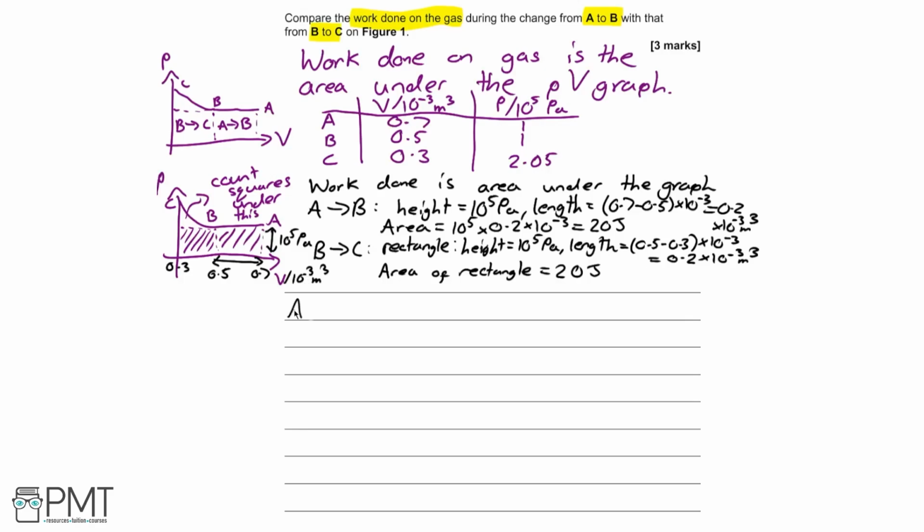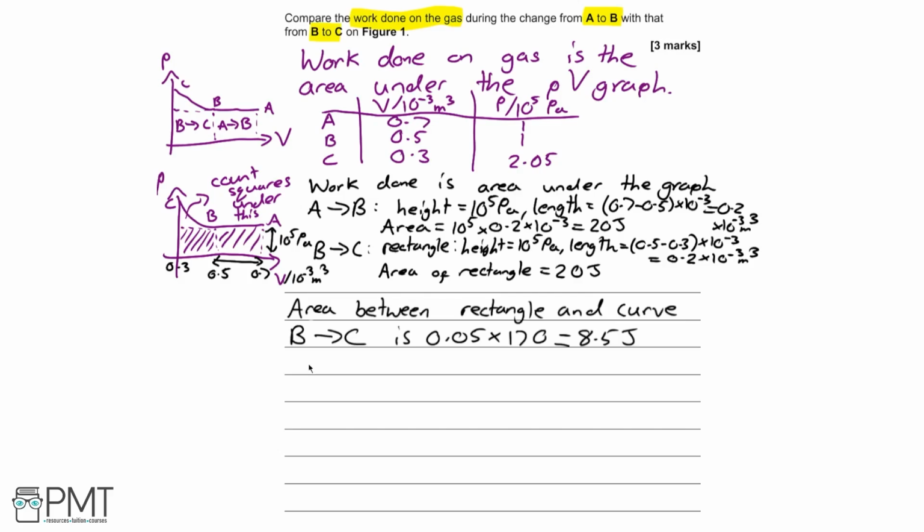Therefore, the area between the rectangle and curve B to C is just given by 0.05 multiplied by 170, which gets you 8.5 joules.